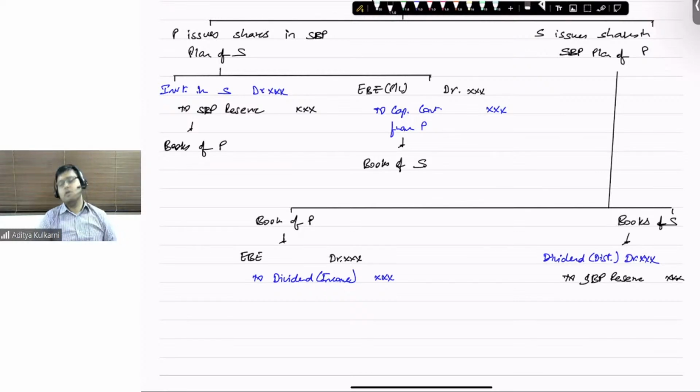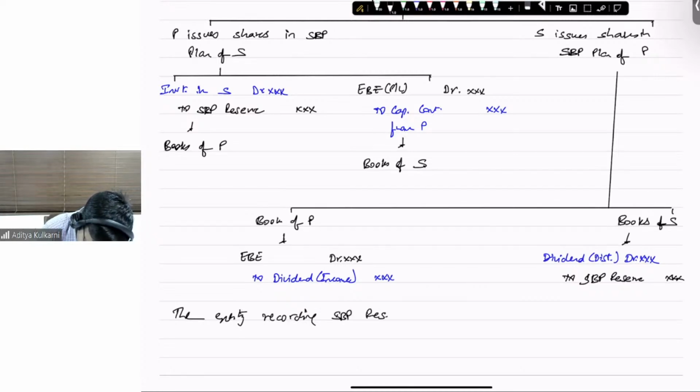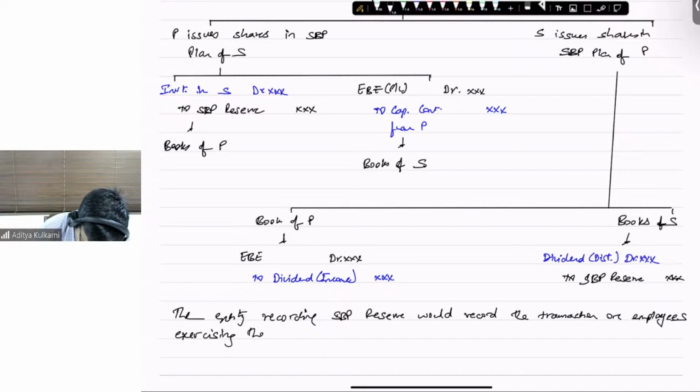Okay, that's it. The entity which has the SBP reserve would record the entry on the options getting exercised. The entity recording SBP reserve would record the transaction on employees exercising the option.